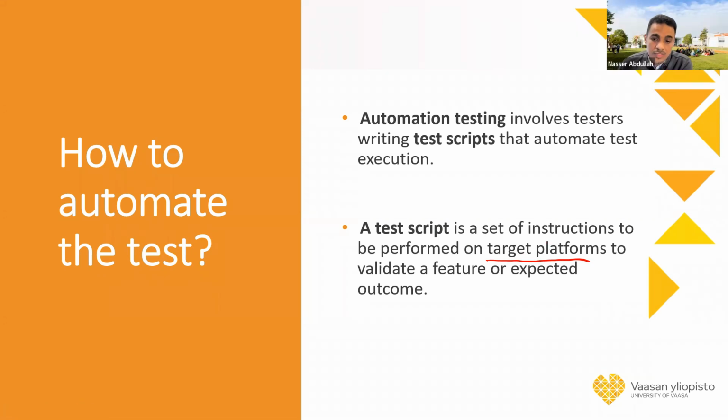Yes, the platform here is the software under test. So it's your application, for example, any page in a website, any application that you created, your software. We will write the test script, and that script will be performed on our target platform to validate the feature or expected outcome.